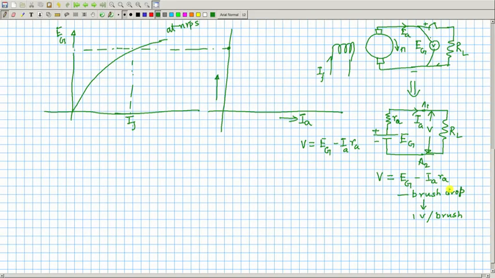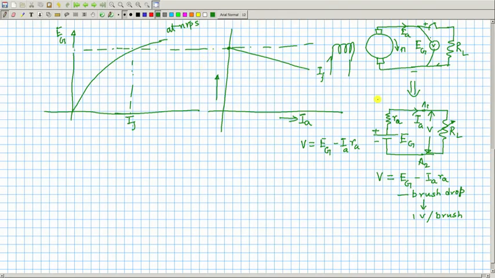Therefore, if you vary this resistance, if you load it, meaning you are decreasing the value of the resistance, you are delivering more power, but at the same time terminal voltage will fall as you increase the armature current, and in fact, it will fall like this way.